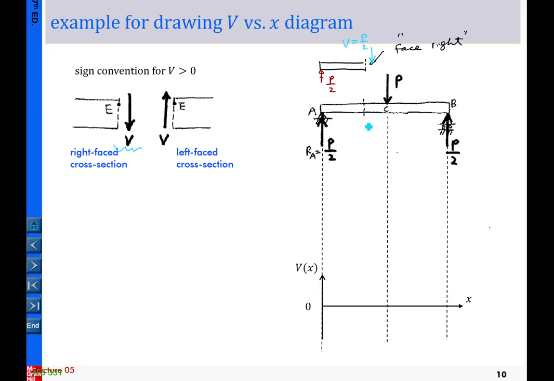So for these sections corresponding to here, the value is positive. Okay, let me repeat one more time. First, we apply the equilibrium equation in the vertical direction, and we obtain that the force must be equal to P over 2 and downward, to balance with this one.